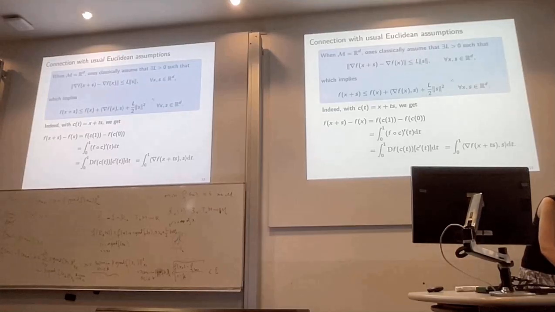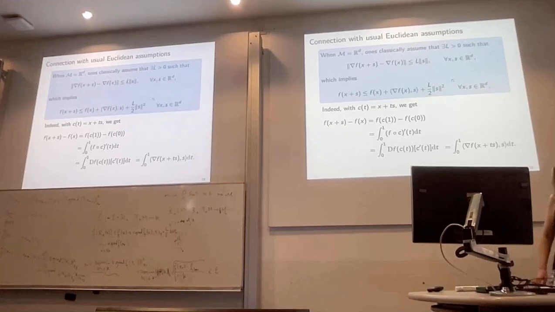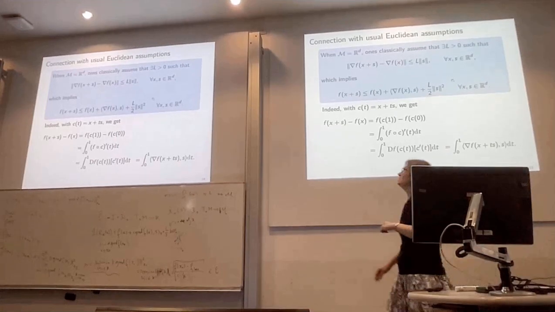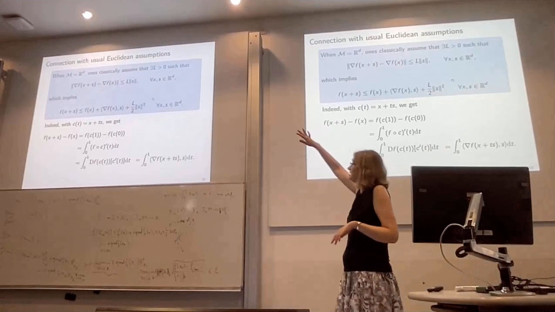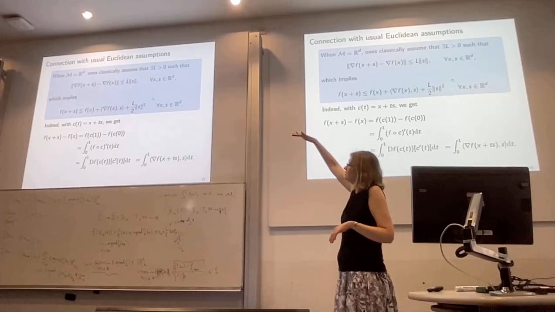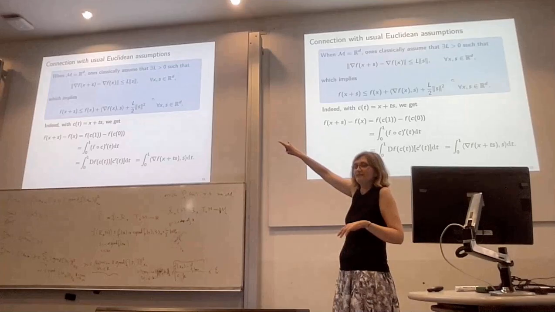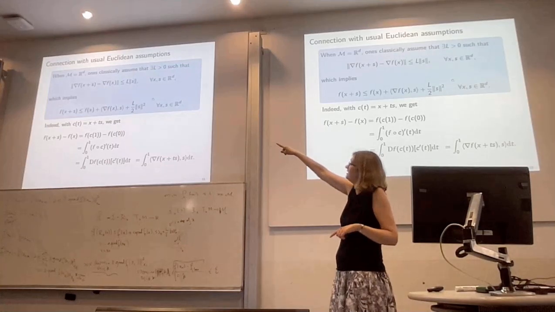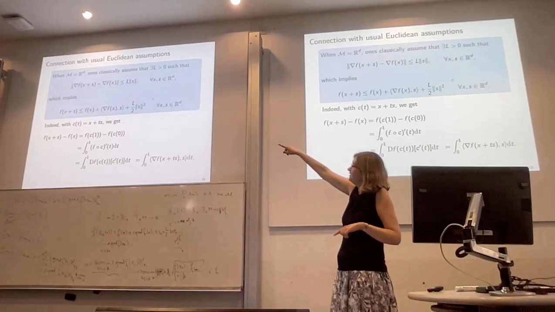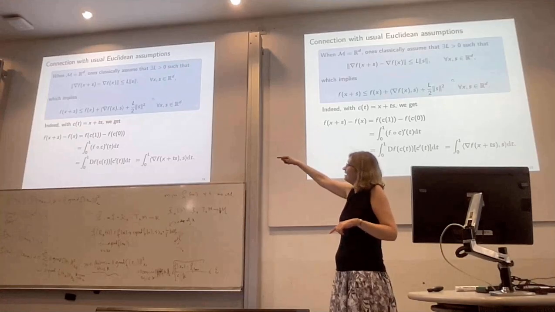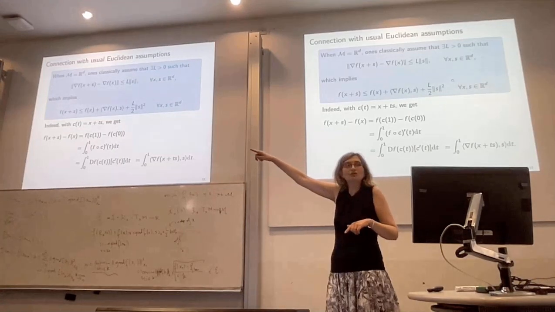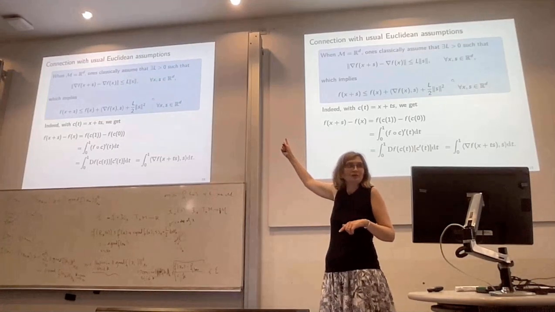Now in the usual Euclidean setting, pause for a moment to think about the usual Euclidean case. In the usual Euclidean case, we would do Lipschitz gradient, right? The Lipschitz gradient of f would immediately imply for me this so-called overestimation property, okay?